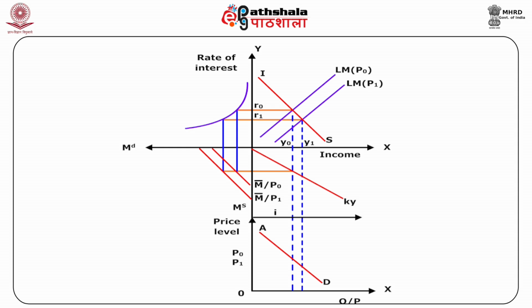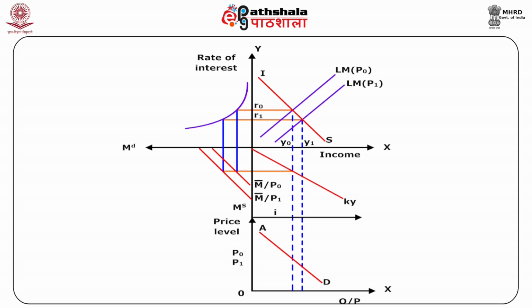The money market equilibrium would ensure that the supply of real cash balances is equal to the demand for real cash balances, which are being measured on the negative x axis in the second quadrant. Given the level of M1, the balance of the money supply would be absorbed by M2, the speculative demand for money. Speculative demand for money depends upon the rate of interest.